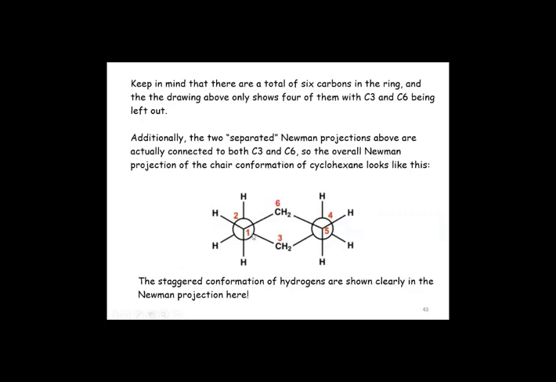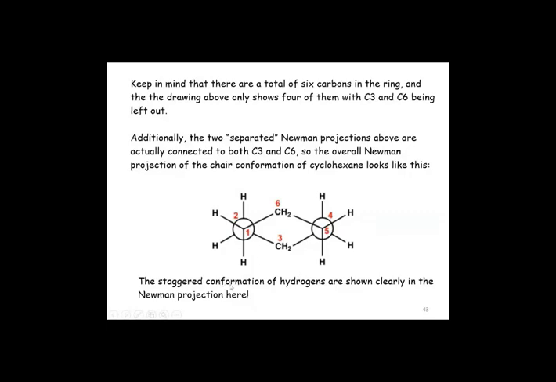So carbon number 2 is attached to carbon number 3 directly, the ring is attached to CH2, and the carbon at position 5 is attached to carbon number 6. So in this way, we can exactly say where to place carbon number 3 and where to place carbon number 6.